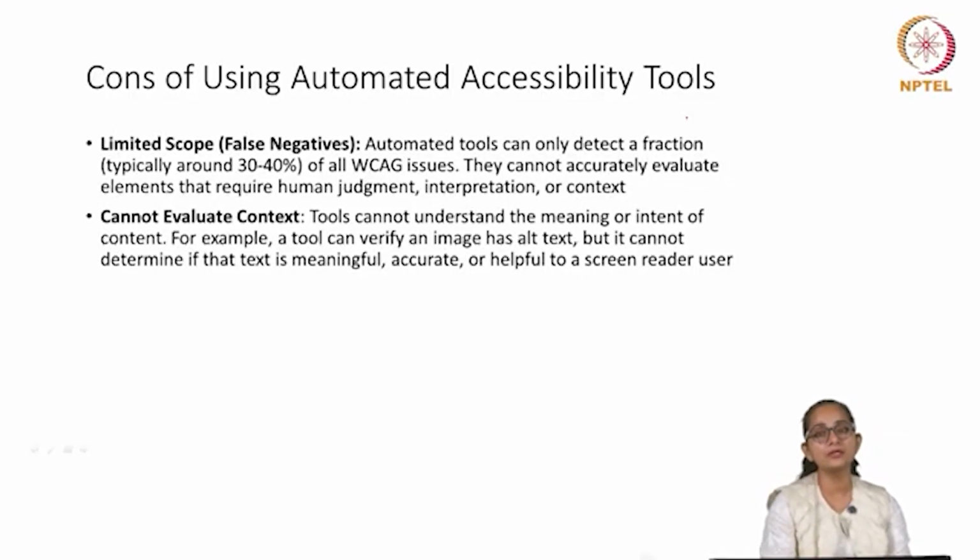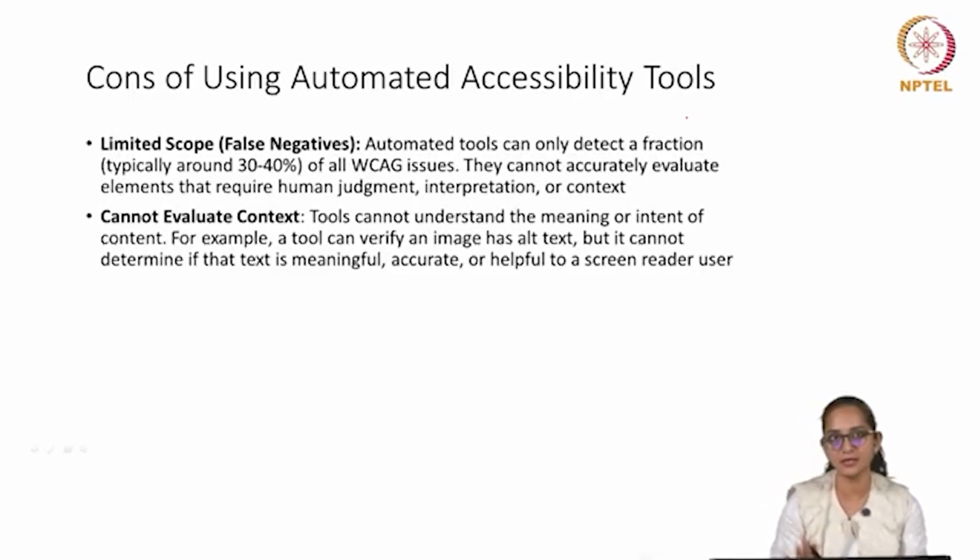For example, if all the images on a website just say "alt text", with no real meaning or no real words, even if you just type alt text in the alt text box, for the evaluator tool it is passing the criteria, right.